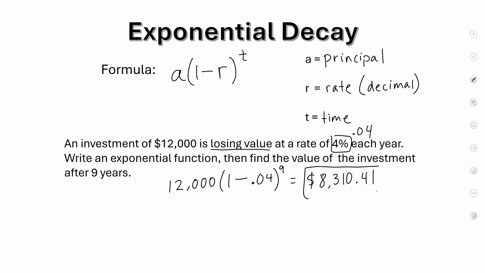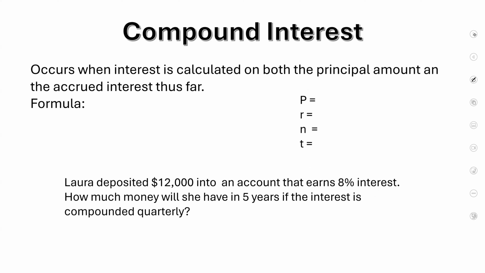Wow. So they lost money. If the question asked how much money did they lose, what would you do? Yes. 12,000 minus 8,310. They must have invested in Enron. Next one.